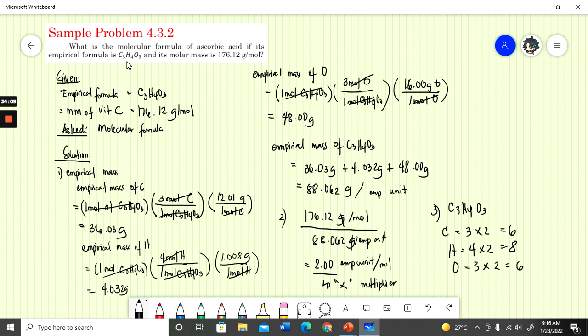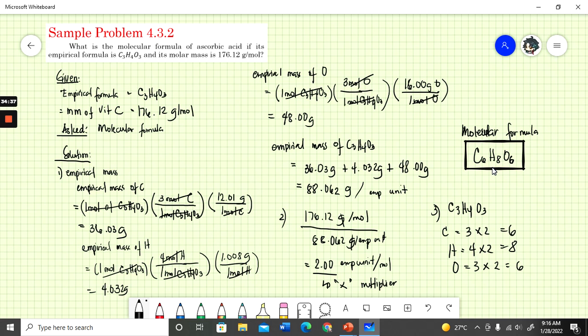Therefore, the molecular formula of vitamin C is C6H8O6. So that is your answer right there. This is the molecular formula for vitamin C.